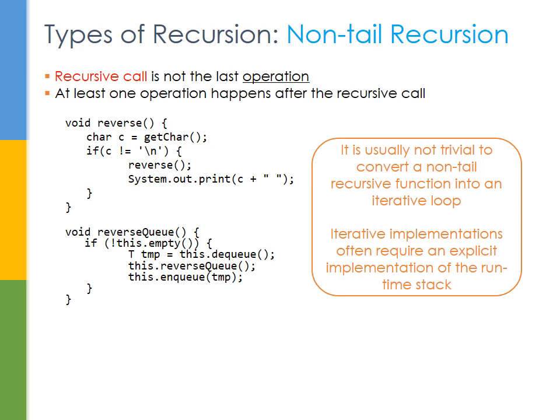So essentially, we need to create our own simulation of the runtime stack, and this is, of course, fairly inefficient, and therefore non-tail recursive functions, because they can't be easily converted into loops and often require this explicit implementation of a stack, will then, generally speaking, be fairly slow, and we can't improve the performance of these non-tail recursive functions.